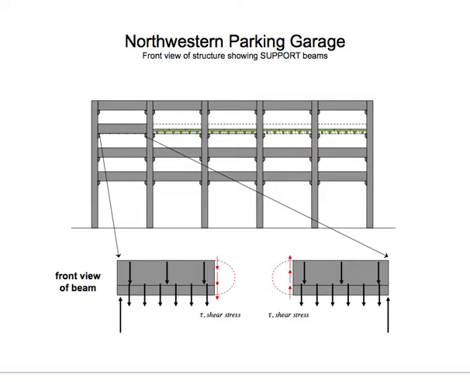For the cross section we have here for the horizontal support beams, probably a little bit different than parabolic, but at least they're not a straight line. And the maximum shear stress happens in the interior rather than on the outer fibers that you see for the normal stresses in the beam.